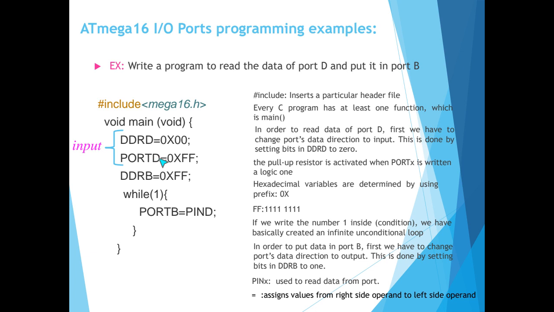As you see, for activating the pull-up register, PORTD is equal to, we should write the bits related to that port as 1. Then, as you see, I wrote PORTD is equal to 0xFF. Double F means what? In hexadecimal numbers, double F means what?